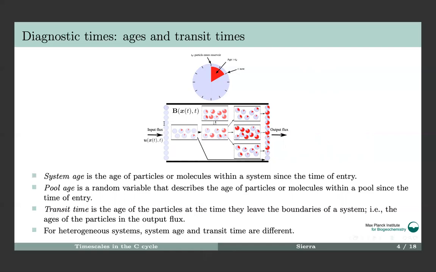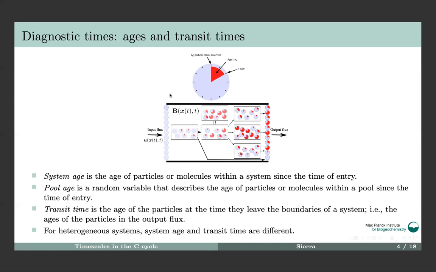Let's think about a system, such as an ecosystem, that has multiple compartments. This system stores mass, but we're going to think about the mass as small particles or atoms, and each of them has a clock that measures the time that the particle stays inside the system, from the time it enters until some time of observation.